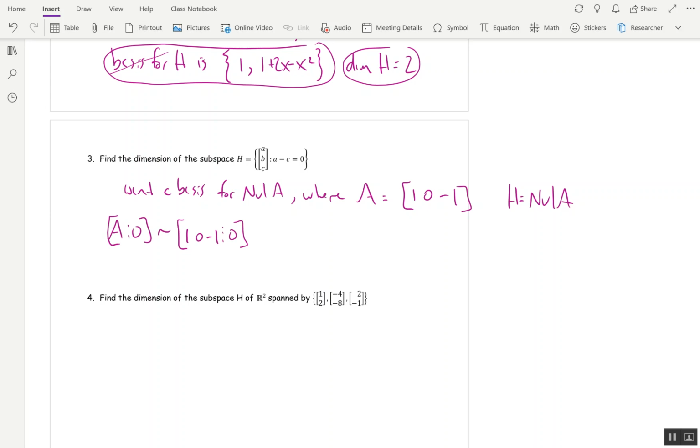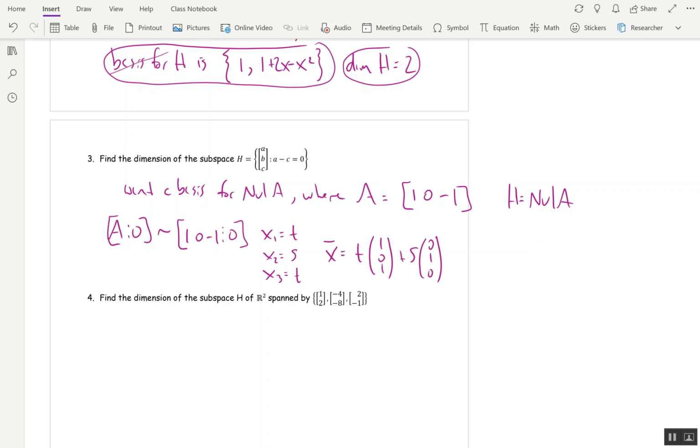All right, so there's 3 variables. X3 is free, we'll call it T. X2 is free, let's call it S. And X1 is T. So my solutions look like x bar equals T times 1, 0, 1 plus S times 0, 1, 0.